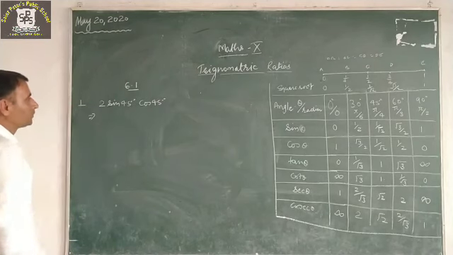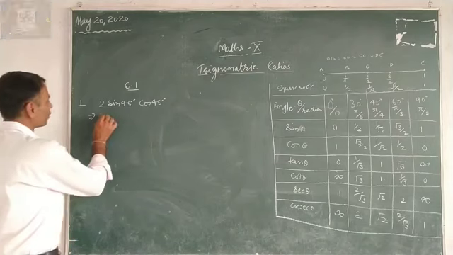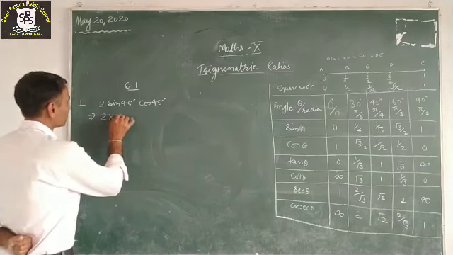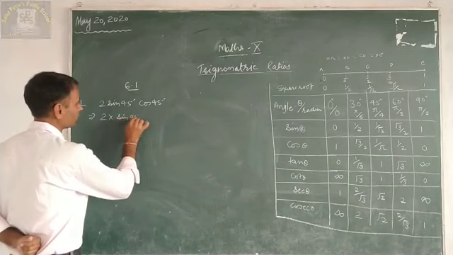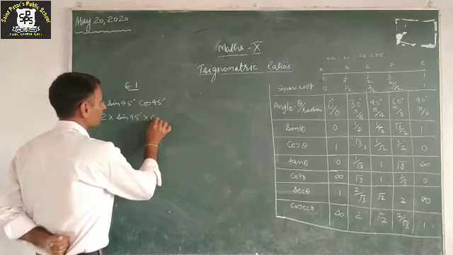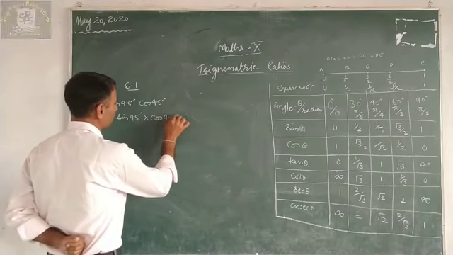Now what should we do? We know that 2 is the constant term and 2 is multiplied by sine 45 degree. This is also multiplied by cos 45 degree.